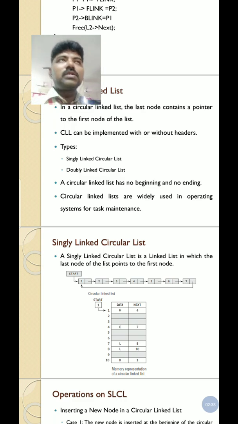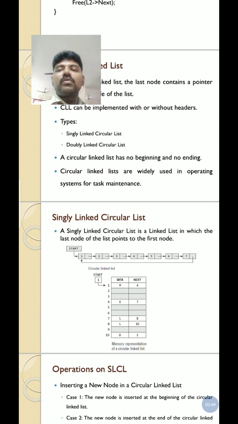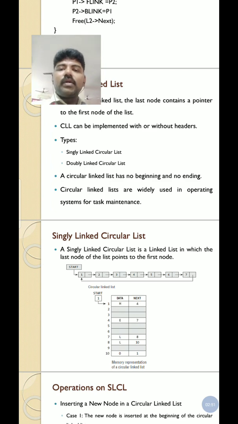In an operating system we have to maintain various tasks, decide which task has to be performed first and which has to follow, and there is also a service time. If the service time is not completed, the task will be incurred again. At that time we can use the circular linked list.